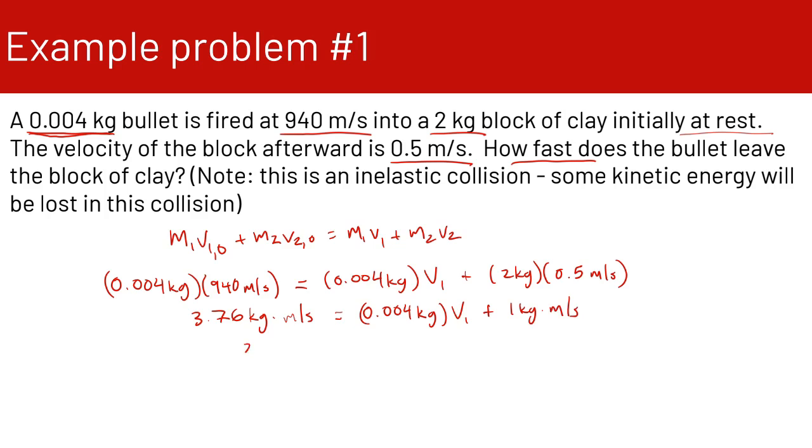We have 2.76 kilogram meters per second equal to 0.004 kilograms times V1. So V1 is equal to 690 meters per second. So the bullet slows down a lot, but it's still going pretty fast once it leaves the block of clay.